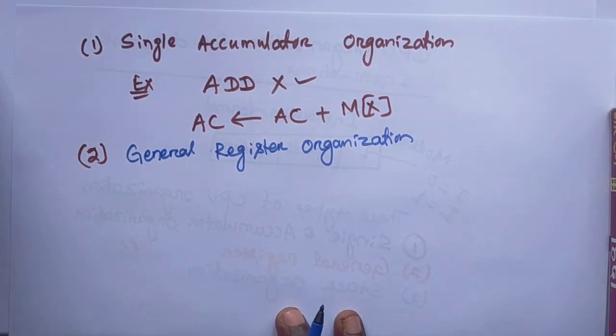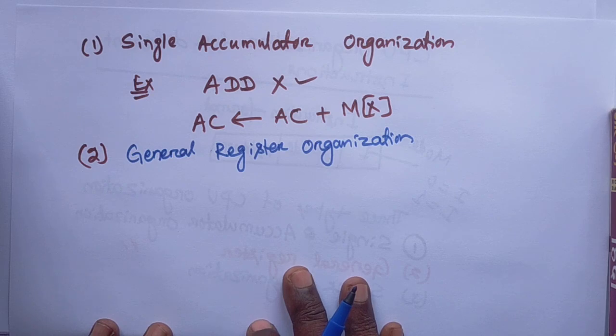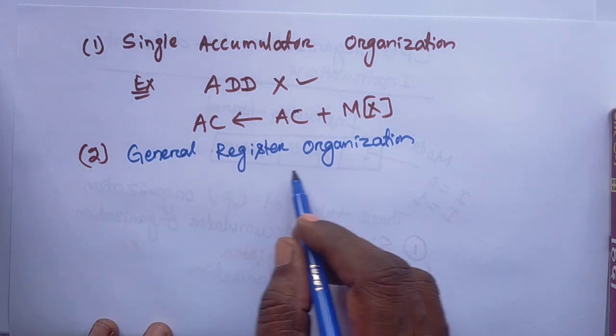Okay, that means we will use registers only. Whenever you use registers, we go through general register organization. It means we can use different registers, maybe R1, R2, R3, a number of registers only. Sometimes we also use both memory and registers, but a register must be used, since it is a general register organization.